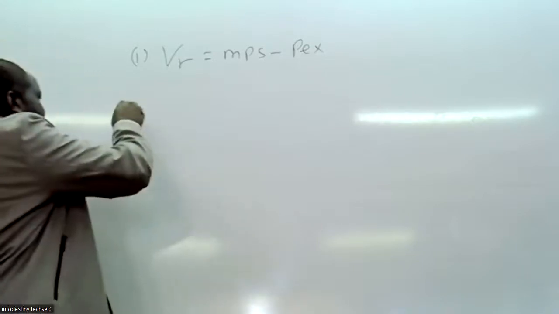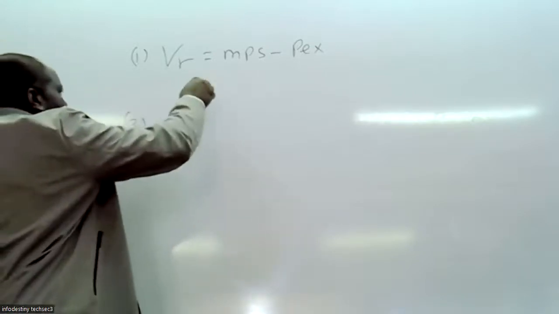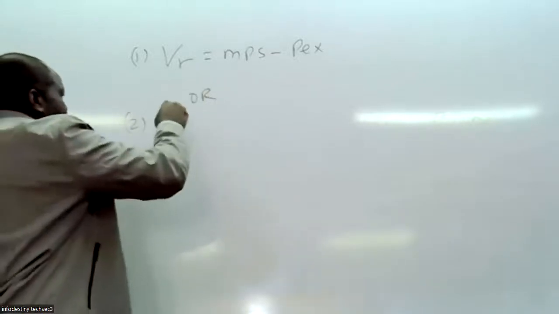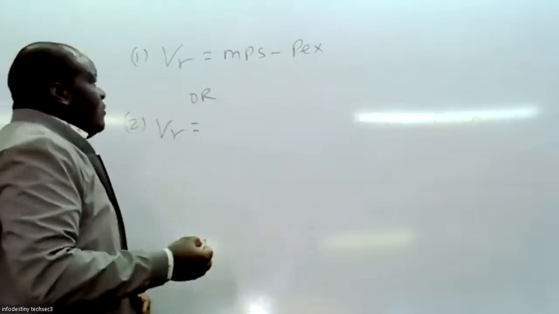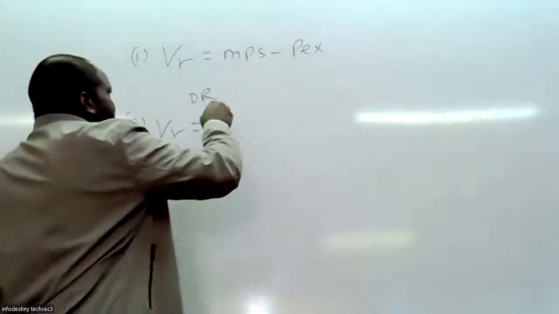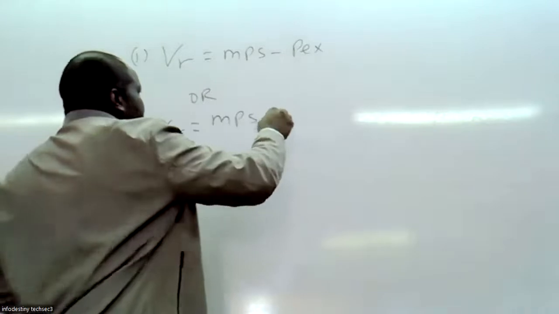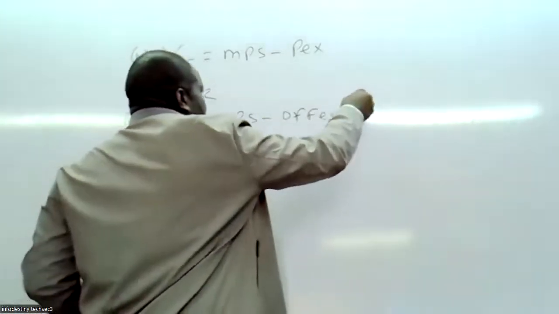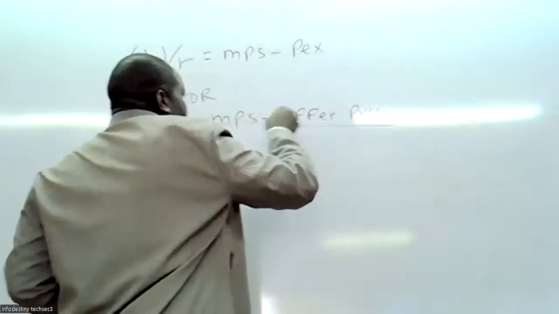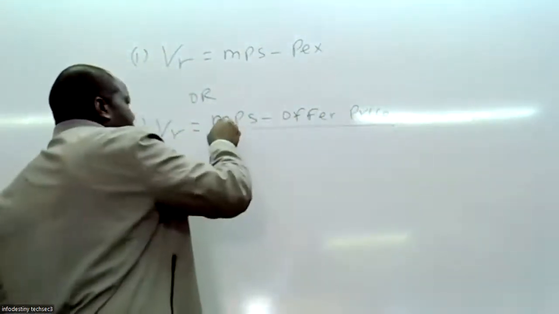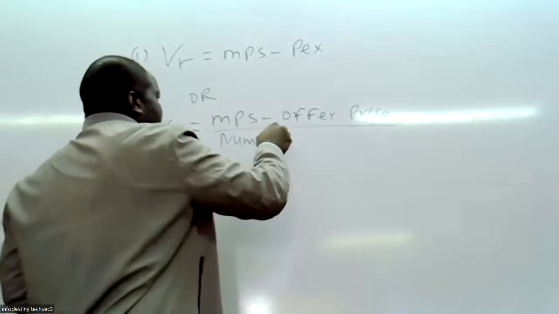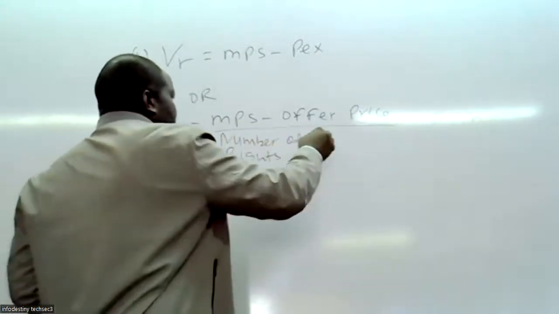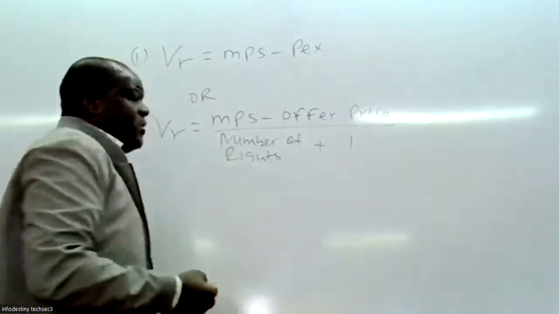The second formula we can apply to get the same is that the value of the right can also be given by market price per share, minus the offer price, then we divide by number of the rights, then we add one.